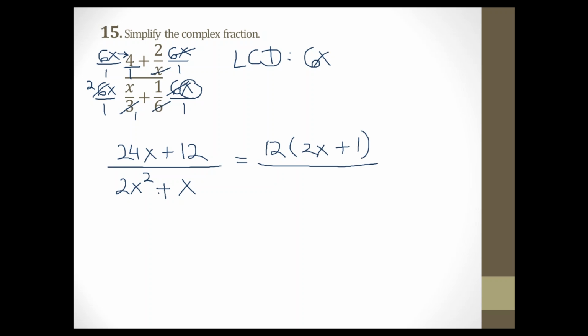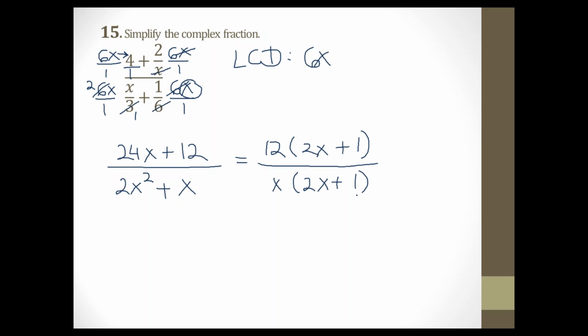And in the denominator, I'm also going to use pulling out the greatest common factor as my preferred choice of factoring, because both of them share a common factor of x. And then I'm left with 2x plus 1.